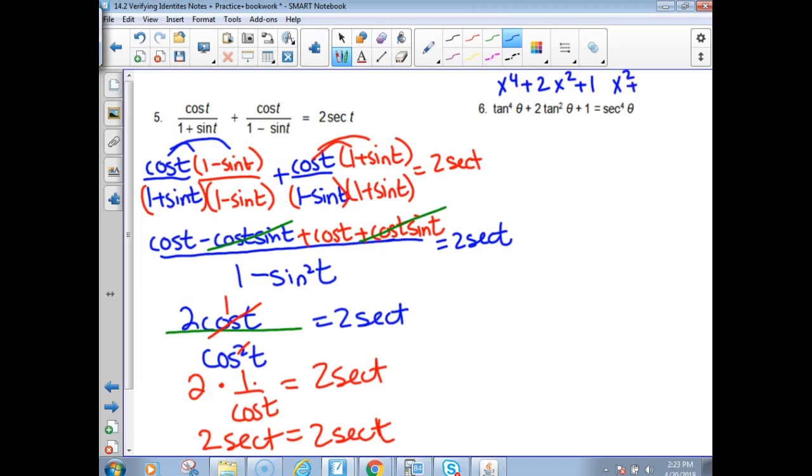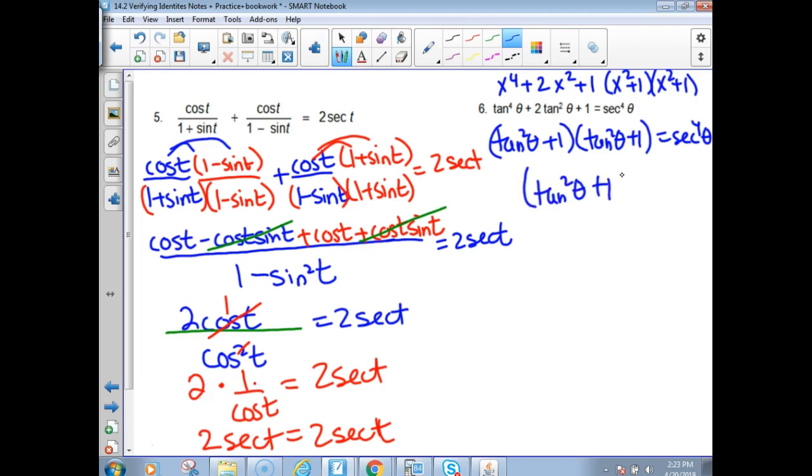That would be x squared plus 1 times x squared plus 1, right? So I got to factor this. It's going to be the tangent squared theta plus 1 times the tangent squared theta plus 1. So I could rewrite that as tangent squared theta plus 1 quantity squared.